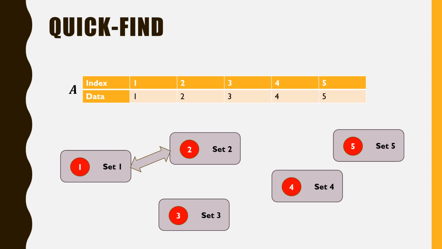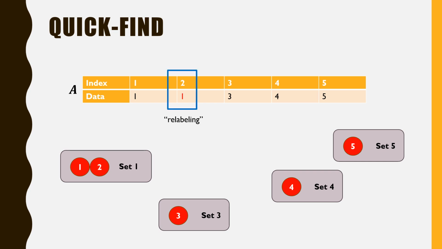Now, suppose we need to merge sets 1 and 2. To merge set 1 and set 2, we update the labels of elements in set 2 to 1, indicating that they now belong to set 1. In our case, set 2 only contains one element, 2. So we update A[2] to 1. As a result, both element 1 and element 2 are now contained by set 1.